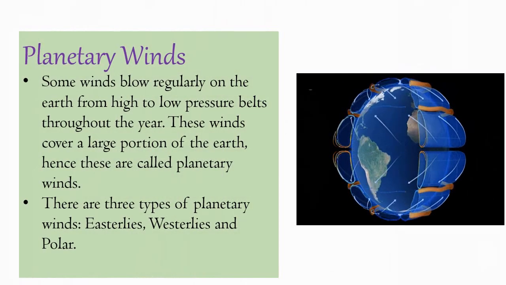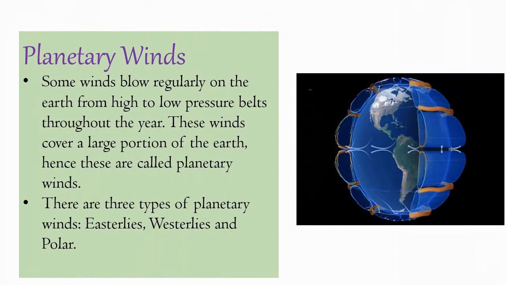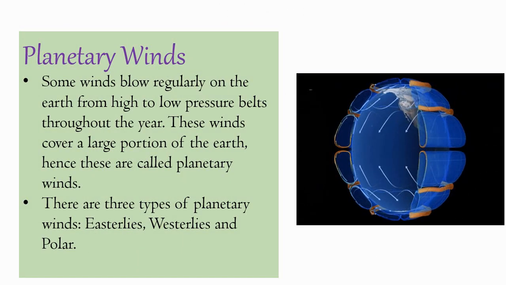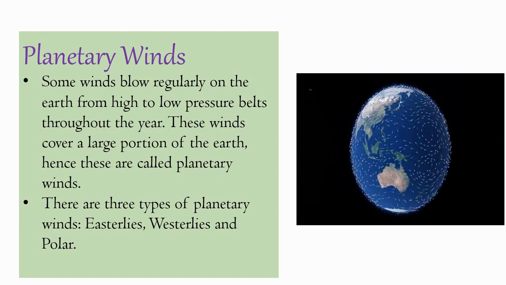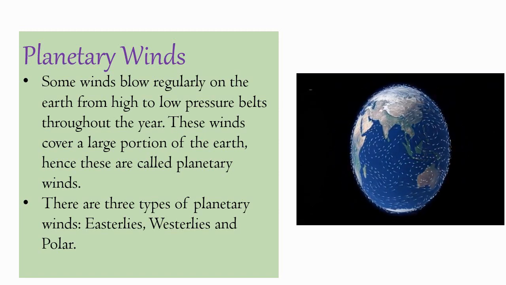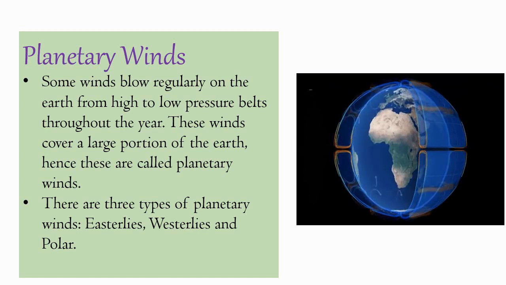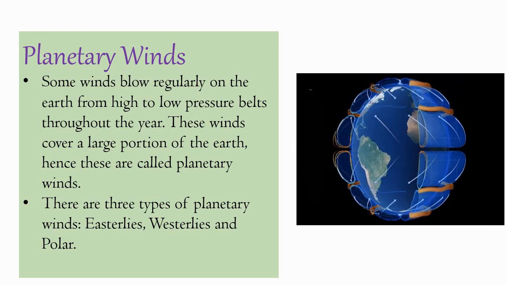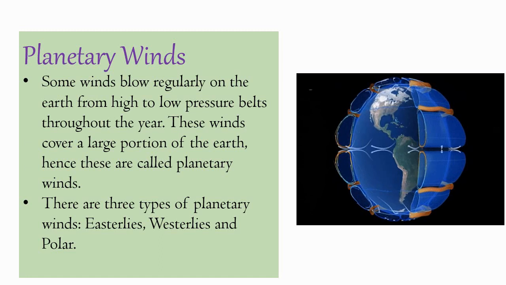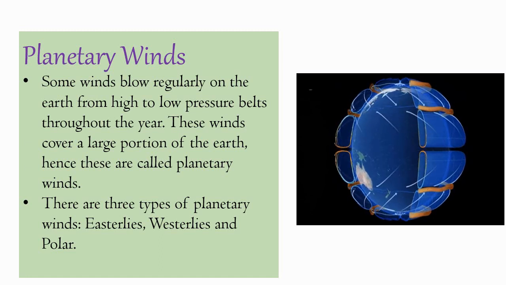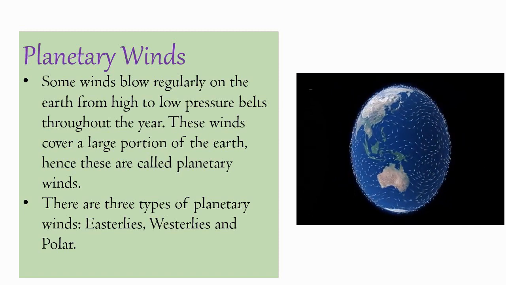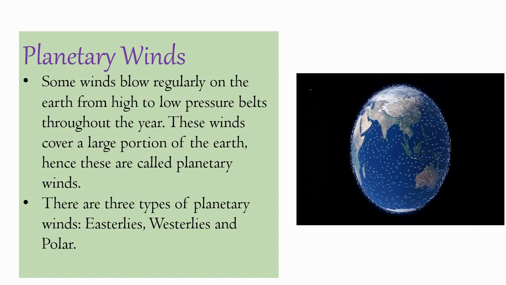Planetary winds. Some winds blow regularly on the earth from high to low pressure belts throughout the year. These winds cover a large portion of the earth. Hence, these are called planetary winds or permanent winds. Planetary winds comprise winds distributed throughout the lower atmosphere.